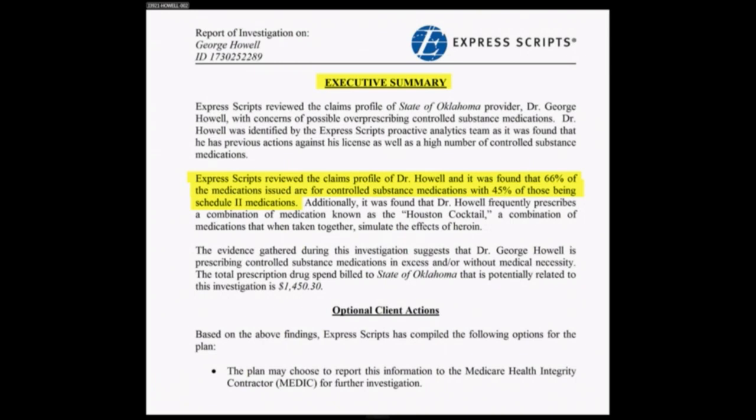And there's an indication that Dr. Howell frequently prescribes a combination of medication known as the Houston cocktail, a combination of medications that, when taken together, simulate the effects of heroin. You see that? I see that. And the evidence suggested during the investigation suggests that Dr. Howell is prescribing controlled substance medications in excess and or without medical necessity, right? I see that.